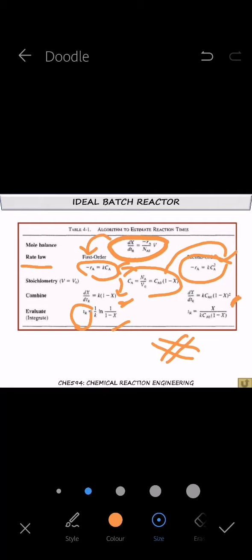If you have first order and this stoichiometry, I want you to substitute CA into the first order, and check whether you get this equation. Likewise for this one, if you substitute CA into this equation, do you get the differential form for the second order? Then when you do it in integral form, you will get this form. I want you to do that on your own.